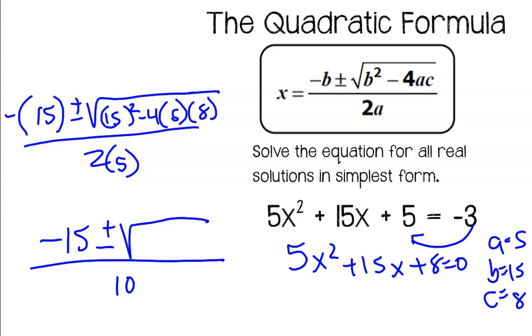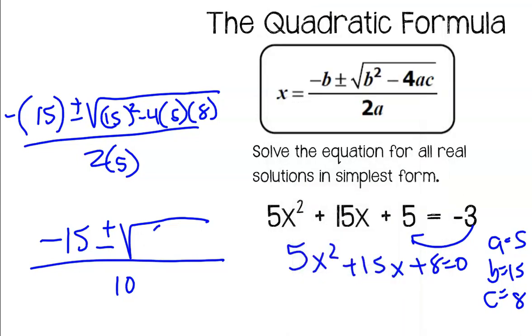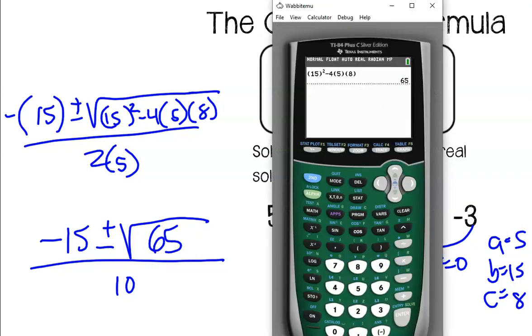All right, let's put this discriminant in our calculator, see what we get. So 15 squared minus 4 times 5 times 8. Oops, I forgot a parentheses down here. So insert parentheses, there we go. All right, 65. Okay, and I'm pretty sure that none of my perfect squares can go into that.